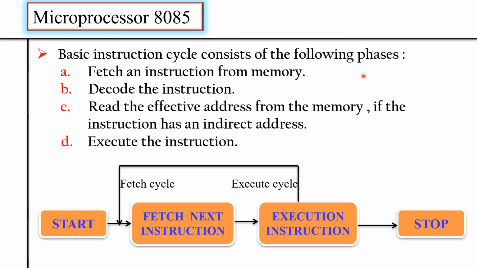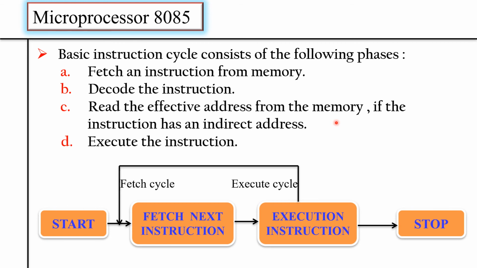The basic instruction cycle consists of the following phases. What happens during the instruction cycle? First, fetch an instruction from the memory. Then decode the instruction. Then read the effective address from the memory, where we read the address of the data.